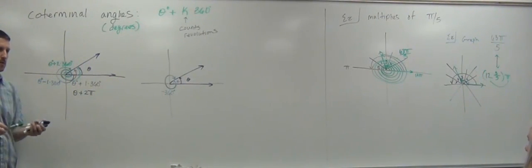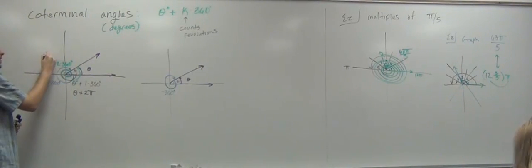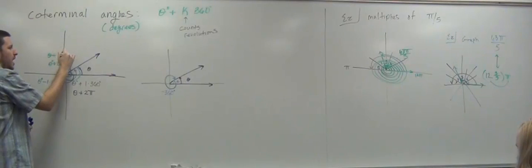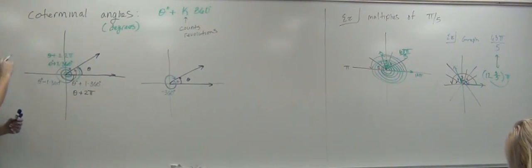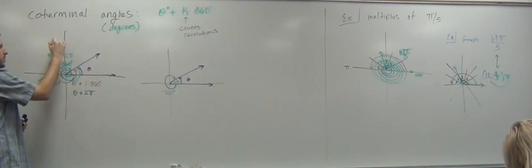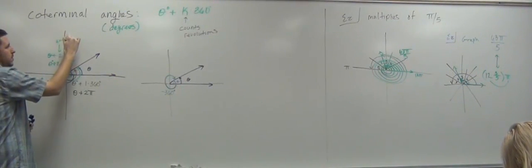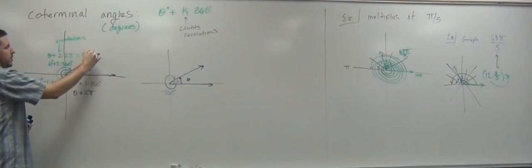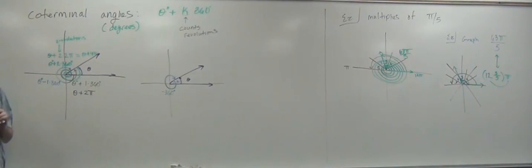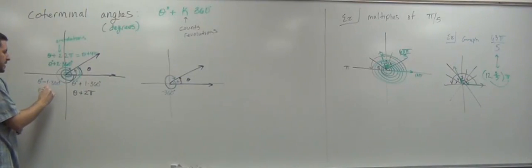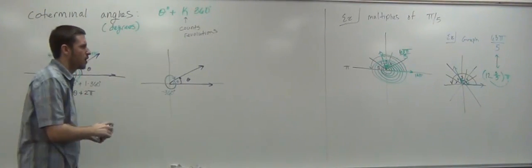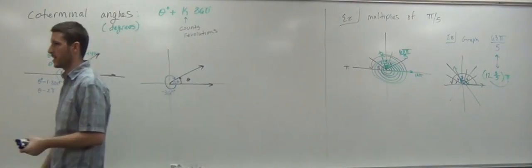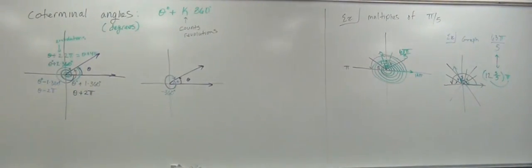So this would be theta plus 2 times 2 pi, right? This is counting the number of revolutions. Or that would be kind of silly. You'd usually just write 4 pi, since 2 times 2 pi is 4 pi. And this guy here, the blue one, would be theta minus 2 times 2 pi. Let me do some concrete examples for you with actual numbers, without these thetas.